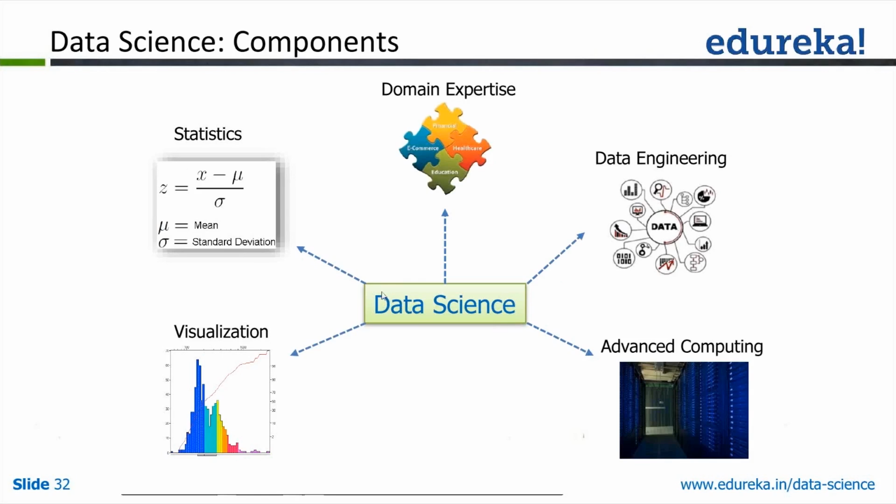Okay, it has flavors of statistics, it has flavors of data engineering, it has flavors of visualization and advanced computing, and it also has flavors of domain expertise. Okay, so depending on where you fit, the role of a data scientist can be completely different. Okay, if you are a statistician, your role as a data scientist may be different from a person who has a data engineering background, which is more like the back-end processing.